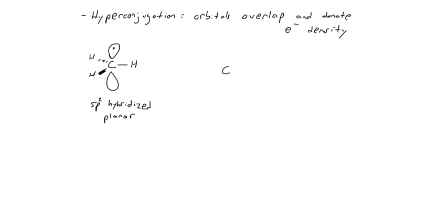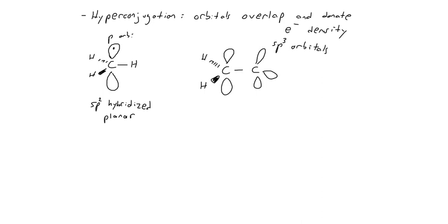However, if we look at something that's not methyl, maybe we have a primary radical here, where we have another carbon attached to that first carbon. And then let's say this carbon is sp3 hybridized. So it's going to have the sp3 orbitals here. And then our first carbon is going to have that p orbital. I'll specify that over here as well.